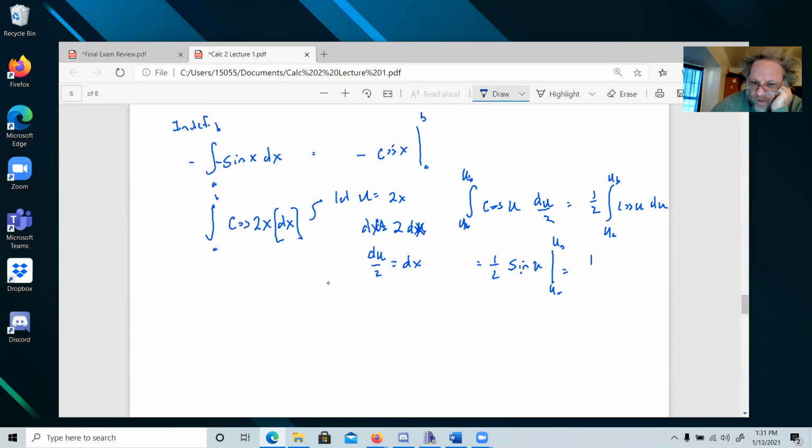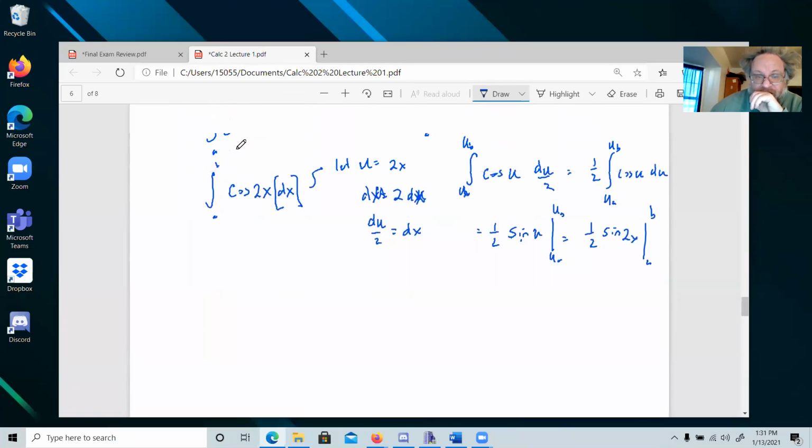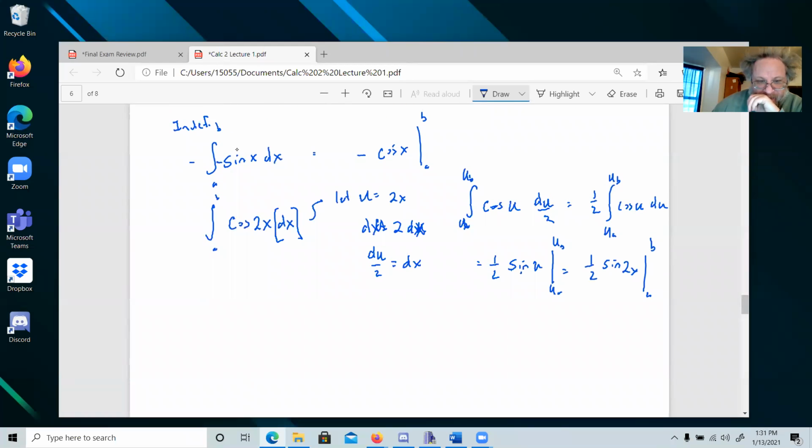So that's going to give us 1/2 sine of 2x. And now since we're back in the x world, we can go back to a and b. Okay, so we have a little cheat sheet here to say that the integral of sine x dx is equal to negative cosine x, and the integral of cosine of 2x is equal to 1/2 sine 2x.